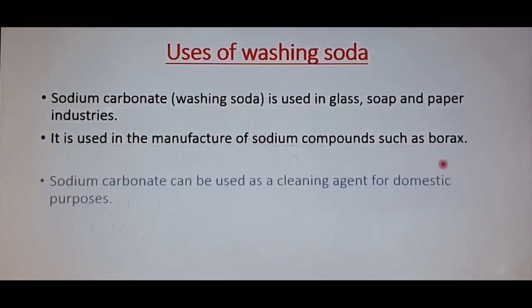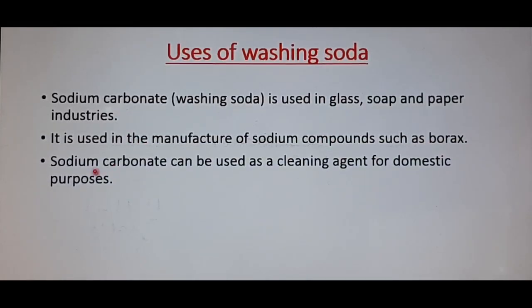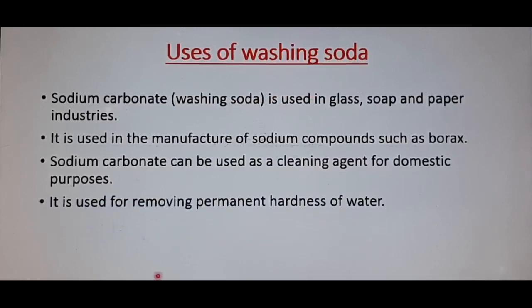Borax is a sodium compound, so it is also used in the manufacture of that. And sodium carbonate can be used as a cleaning agent for domestic purposes. See, it's washing soda; from the name itself it is understood that it is used for washing purposes also. It is also used for removing the permanent hardness of water. So these are the uses of washing soda.